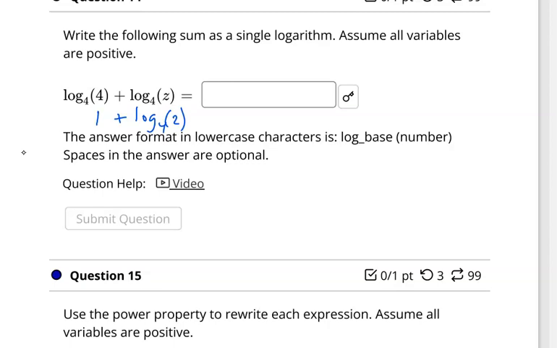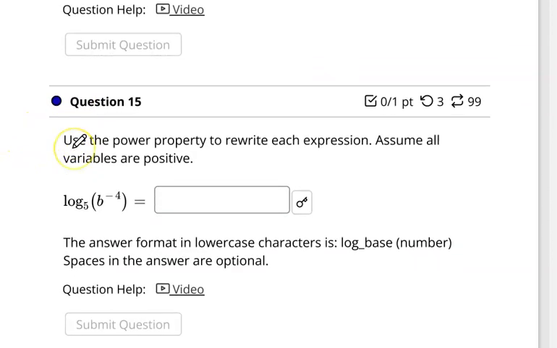But another way to look at it is using the product rule. That's also the same as log base 4 of 4 times z, log base 4 of 4z. The product rule means you add the logs of the numbers being multiplied. But if you recognize log base 4 of 4 being 1, that's a good thought, and it's true.